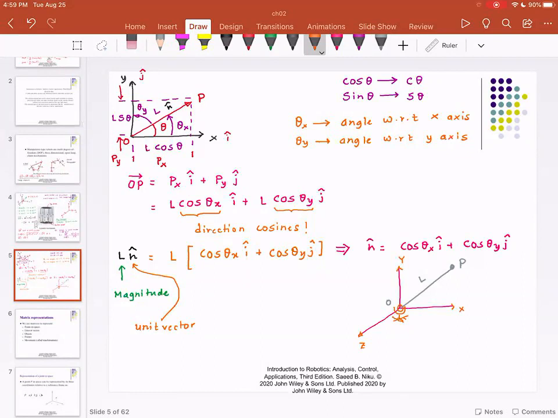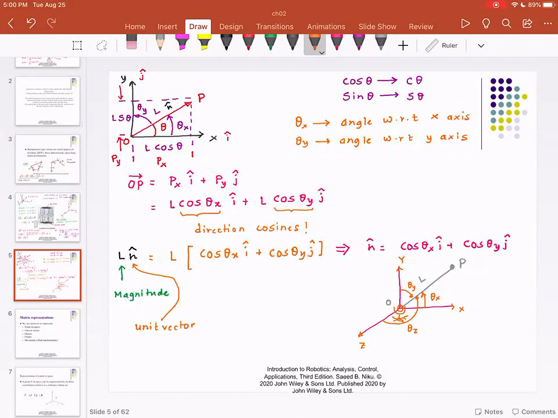I'm going to find theta x, the angle made with respect to the x-axis, theta y, the angle with respect to the y-axis, and theta z, the angle made by that link with respect to the z-axis.